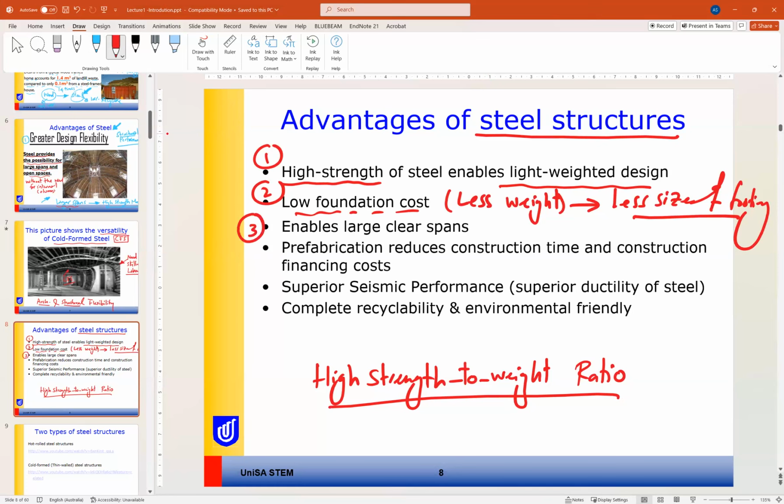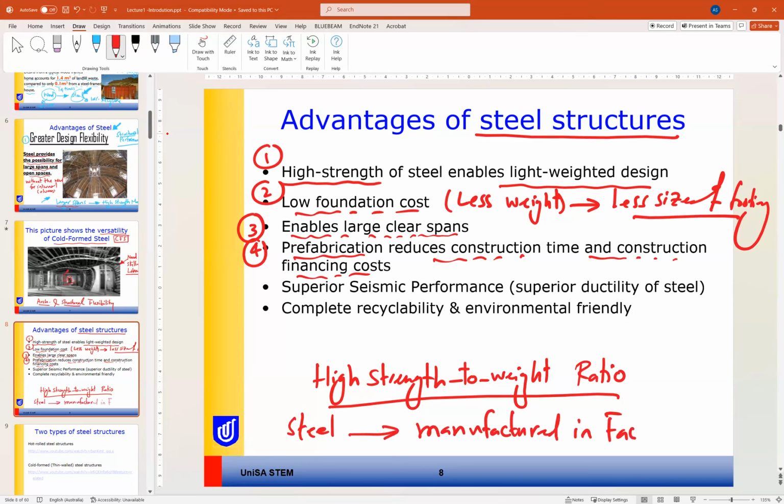Due to the high strength also, it will enable us to have larger, clear, or open spans. Number four is the prefabrication, reduce construction time and construction financing cost. So as you know, the steel can be manufactured in factories.